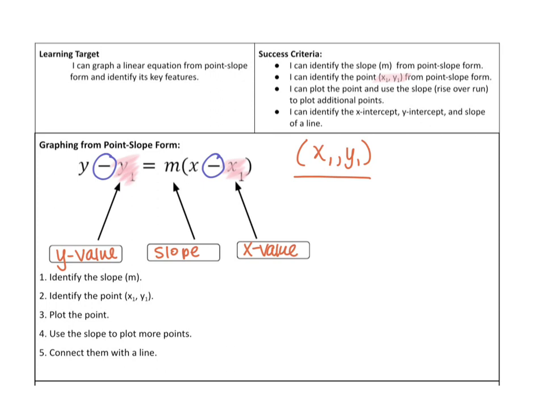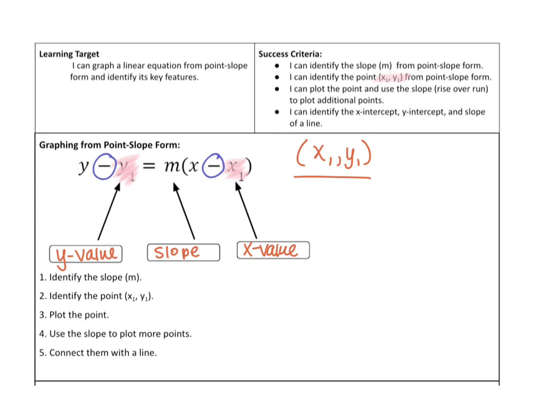So y minus my y1 value. This can appear differently if we have a negative y value or a negative x value. Because instead of seeing it as x minus my negative, say, 3, normally you would just see it as x plus 3. So sometimes this formula can look a little different, but just note that the minus sign is a part of the formula.